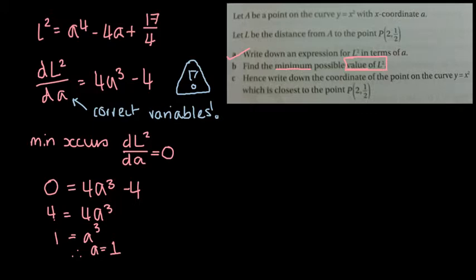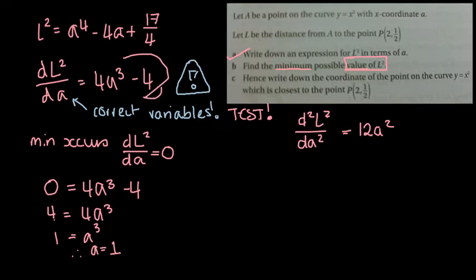So proving that it's a minimum, I need to test. And we know that our test is the second derivative. So I now need to do d2L squared, the second derivative of L squared, with respect to A again. That would give me 12a squared. So I'm just looking at this function here and differentiating that again.